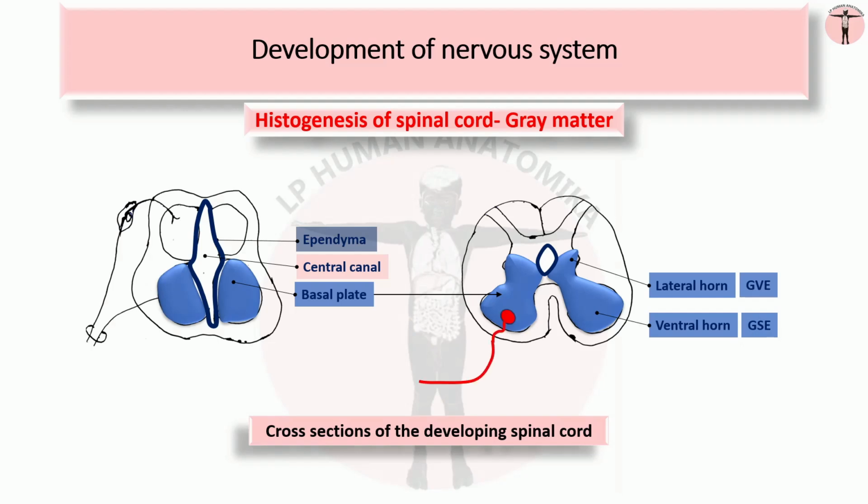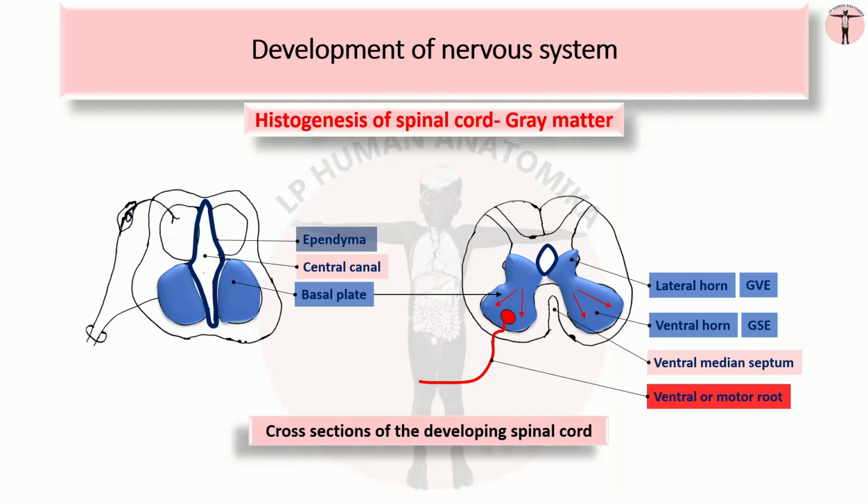The axons which arise from motor neuroblasts in the basal plate, exiting the spinal cord, form the ventral or motor roots. As the basal plates enlarge, they bulge ventrally on each side of the median plane, and the ventral median septum is formed with a longitudinal groove called the ventral median fissure.